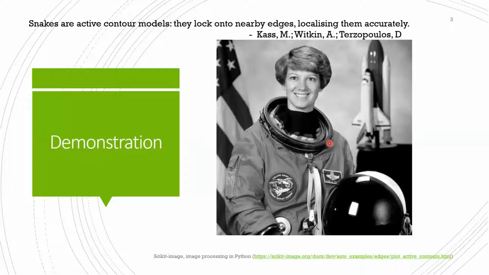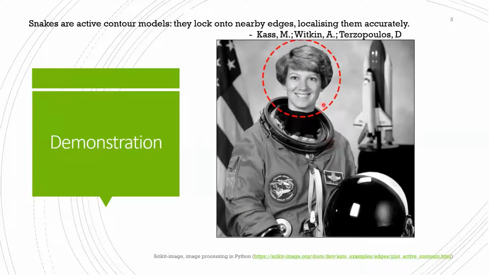So based on that knowledge, the user has to draw a contour. In this case, the contour is drawn as a circle. So the user has drawn a red contour around the expected place where the target is, and then the snake will run.